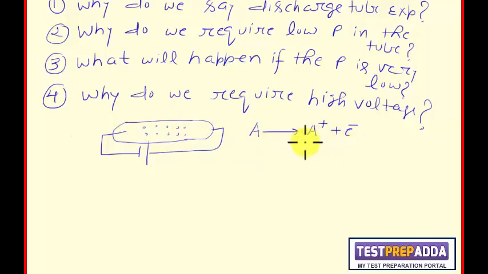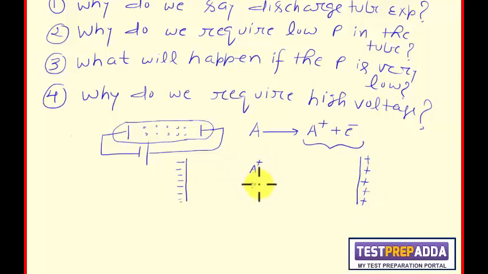As a result, we get positive and negative particles. And since we have used electrodes, positive and negative electrodes, if I consider this as cathode, it is a negative pole, and this as a positive pole, anode.